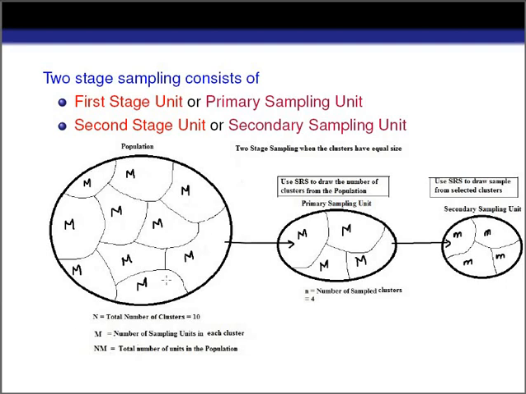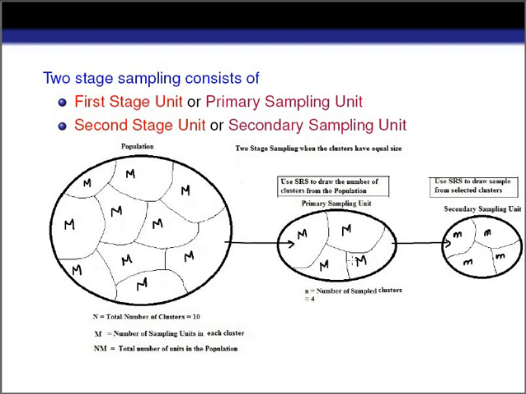Now we use the process of two-stage sampling to draw a sample from this population. Just like in one-stage sampling, we draw some of the clusters randomly from the population, and this is known as our primary sampling unit. That means in the primary sampling unit we just draw some clusters randomly from the population, which you have done in one-stage sampling also.